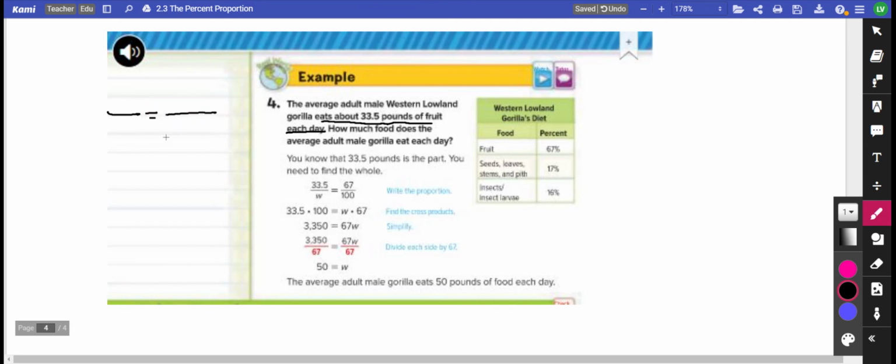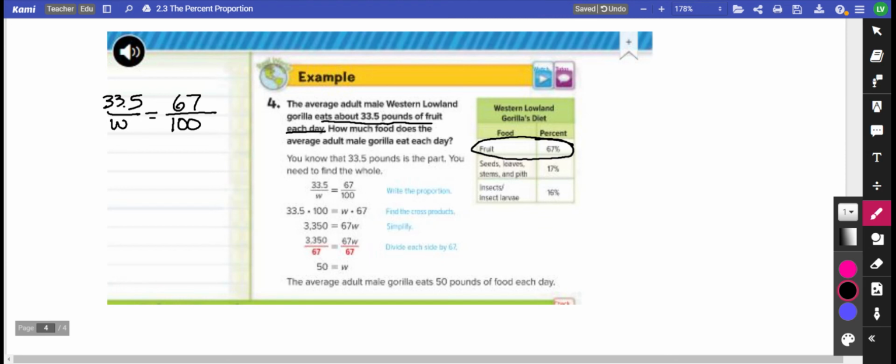So we're going to set up a proportion. 33 and 5/10 out of our whole amount. Now, the fruit is just 67% of the gorilla's diet. So that's 67 out of 100.